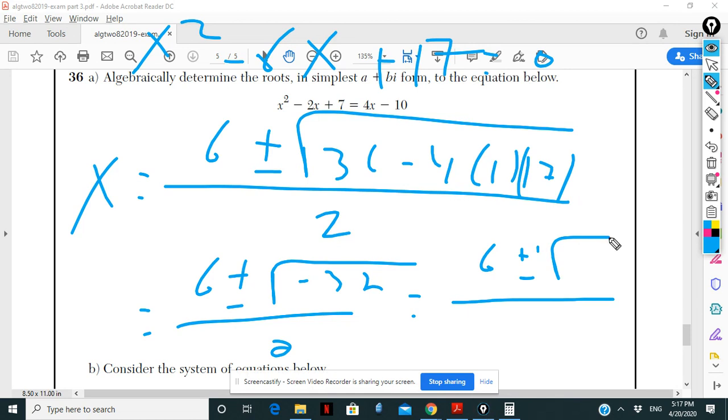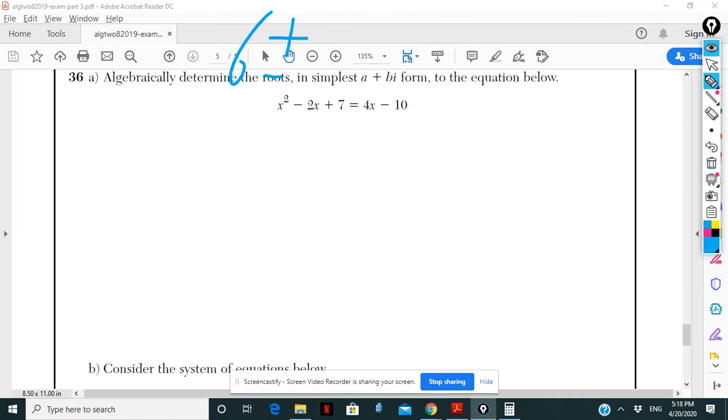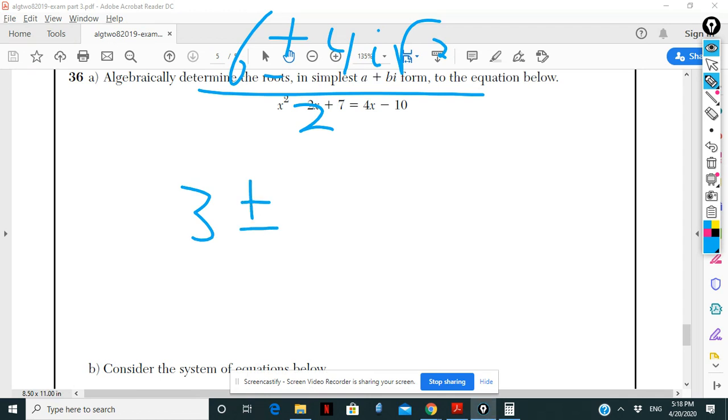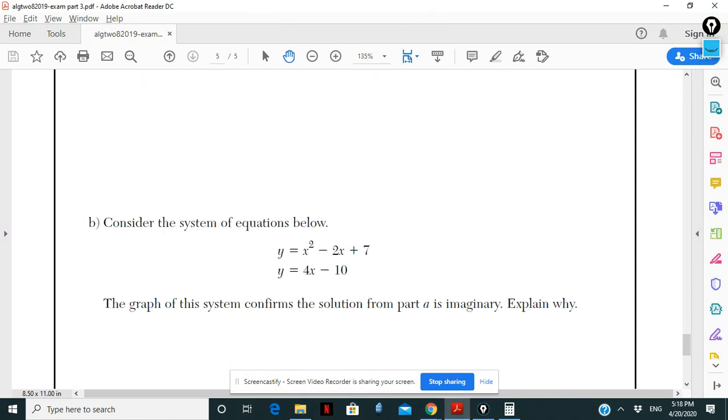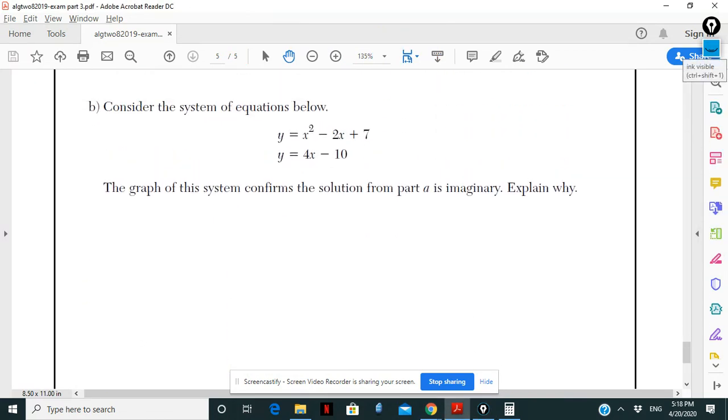So I have 4 and the negative gives i, so 6 plus or minus 4i radical 2 divided by 2. In the simplest form, 3 plus or minus 2i radical 2, which is the solution now.